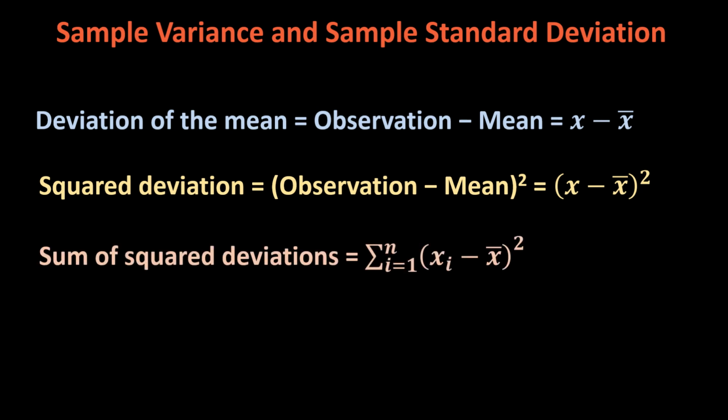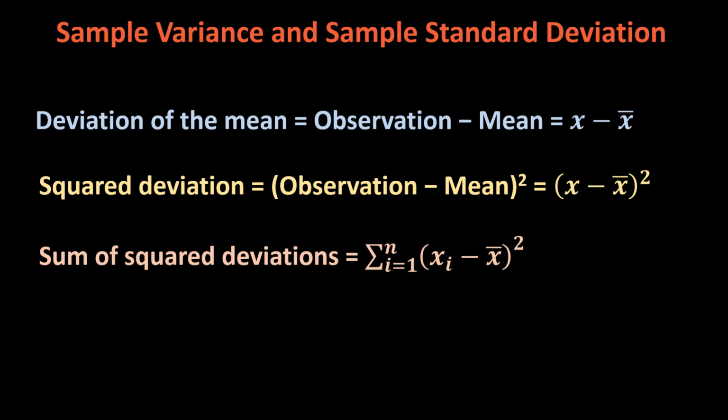Next one, sum of square deviation. Okay, first one was the deviation from the mean. Second one, the square deviation. That means taking the second power of the deviation from the mean. And the third one, sum of square deviation, means we add the square deviations together.